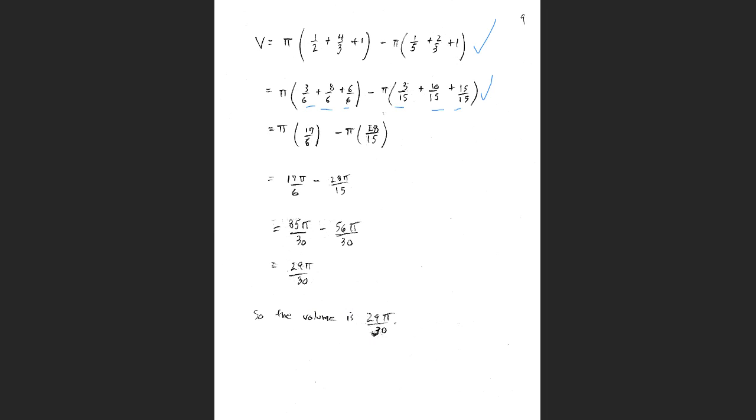I'm sure Desmos has nice things too for fractions. If you were to type a half plus 4/3 plus 1 in Desmos, would it give you 17/6? I'm going to try that right now.